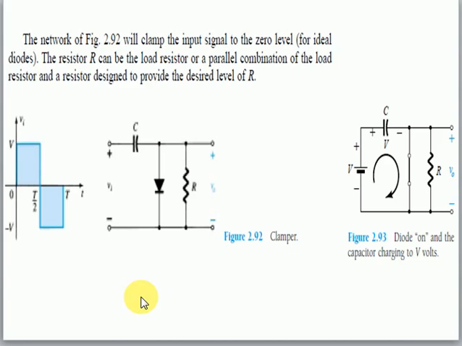In this circuit, the diode will be forward biased during the positive cycle.